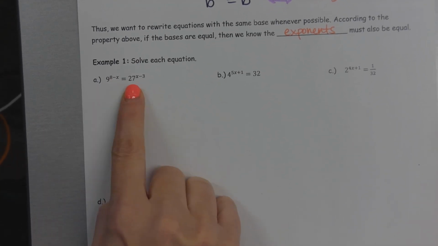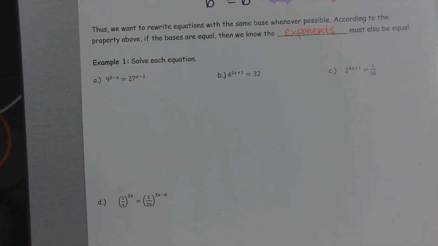Okay, so we have 9 and we have 27. I want you to write down the base that each one of those can be written with. Ryan, what do you think?